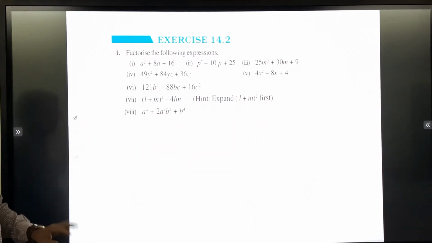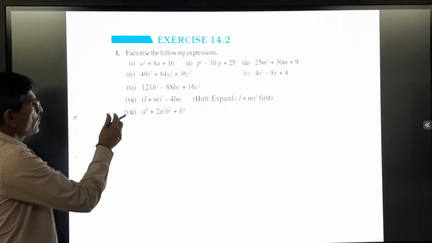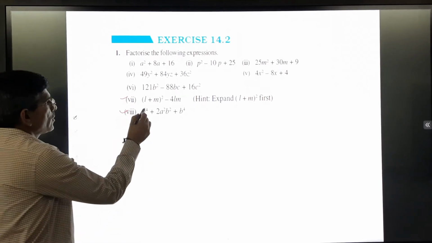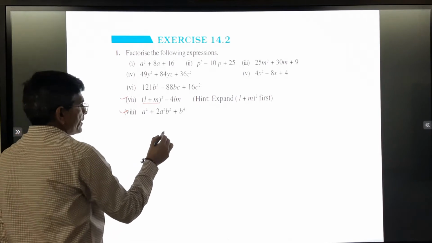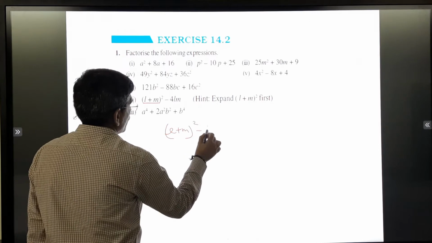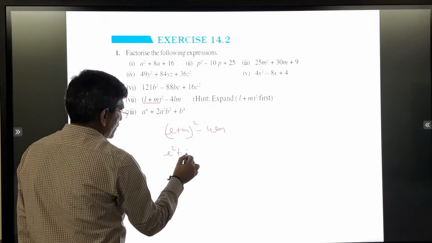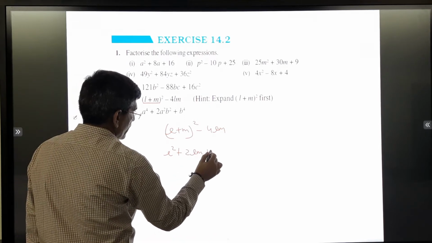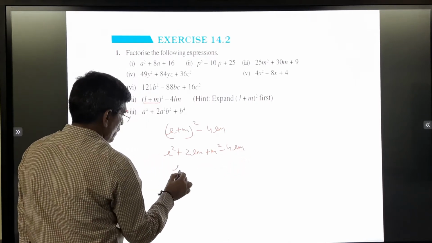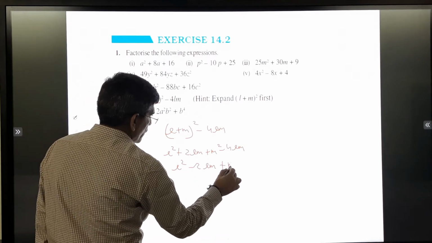So all are easy sums, and we only have to use the first and second identity. Now the 7th and 8th sums we have to do in a different way, because first of all I have to expand. So L plus M whole squared minus 4LM. If I open it, L square plus 2LM plus M square minus 4LM, which is L square minus 2LM plus M square.